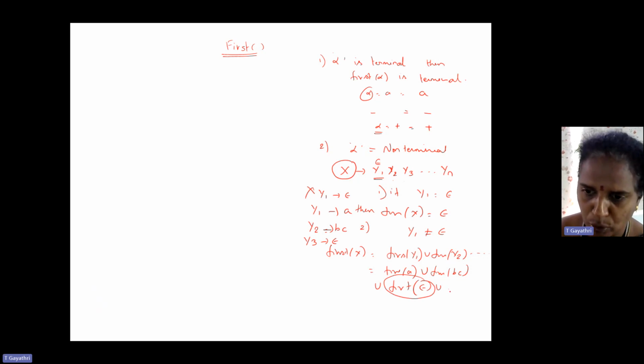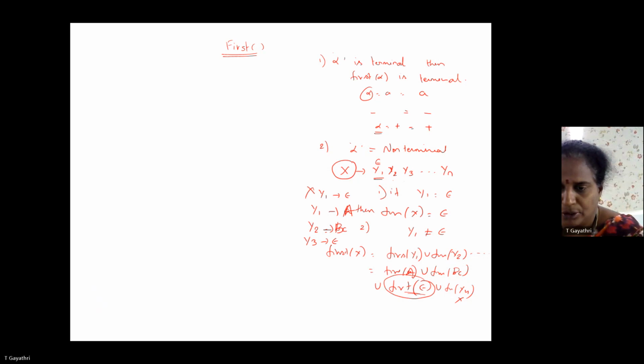That means no need to go on to the first of y4, because we are getting the epsilon value here. So now we can stop the process. Similarly, for example with capital A and capital B, first of A and first of B. After that we can go to the first of C or something like that.